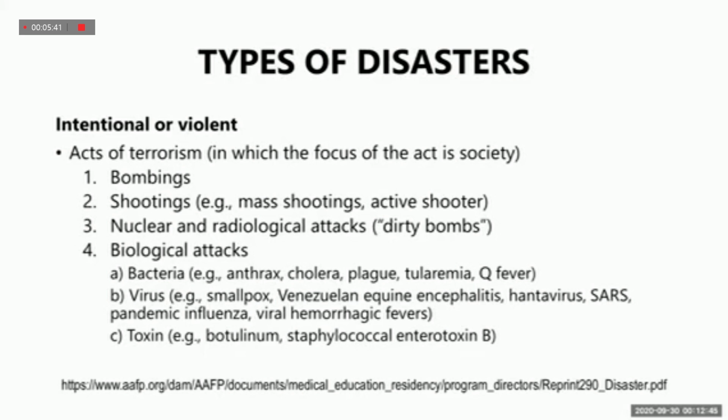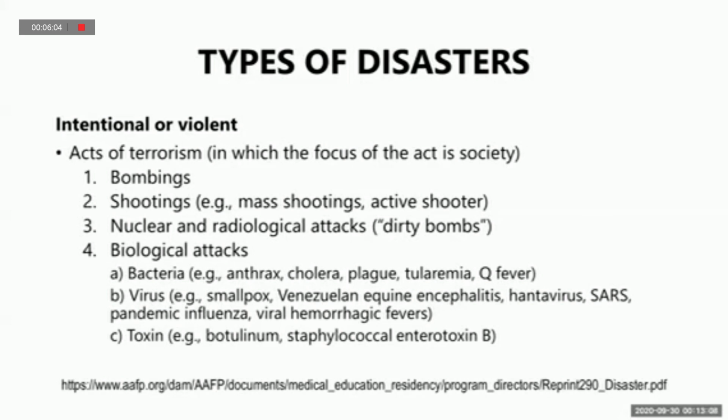Biological agents can be divided into bacteria such as anthrax, cholera, plague, and tularemia; viruses such as smallpox, hantavirus, severe acute respiratory syndrome, pandemic influenza, and other viral hemorrhagic fevers.